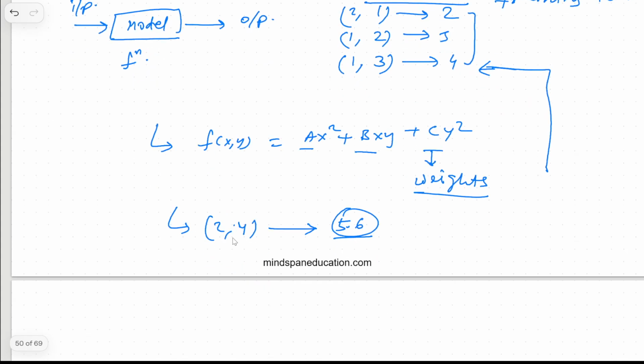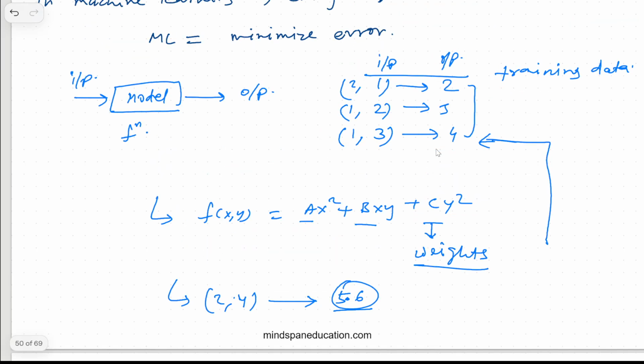So if the input is 2 and 4, the output should be close to 5.6, right? If we get unknown inputs, predicting what the output will be is the actual work of this model. That's what the whole of machine learning is about.